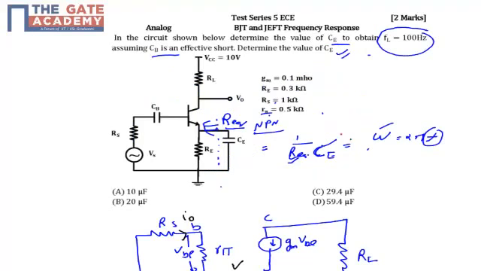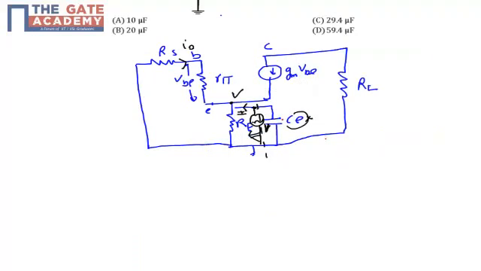Why? Because we are trying to find the R equivalent. Whatever value of R equivalent we get, we just multiply that value with our CE. That's why we are ignoring CE here. Now let's apply nodal analysis at node V. You can see that this I is the incoming current at this node.